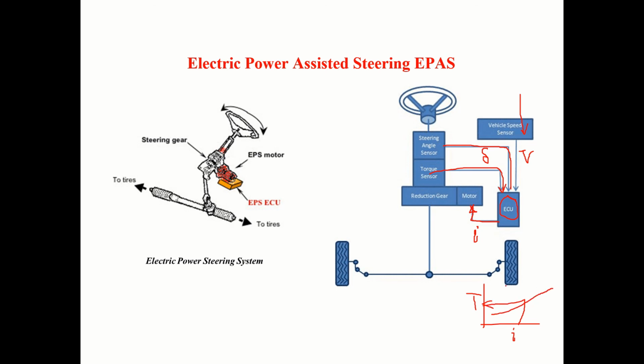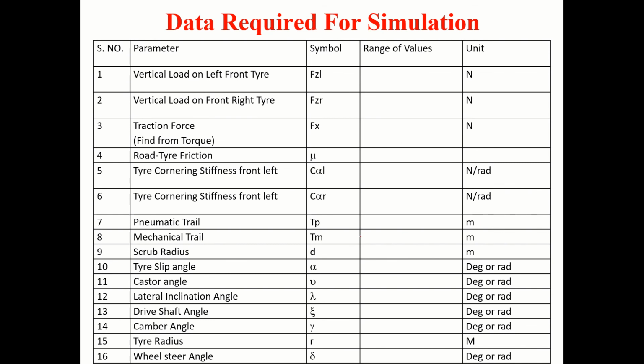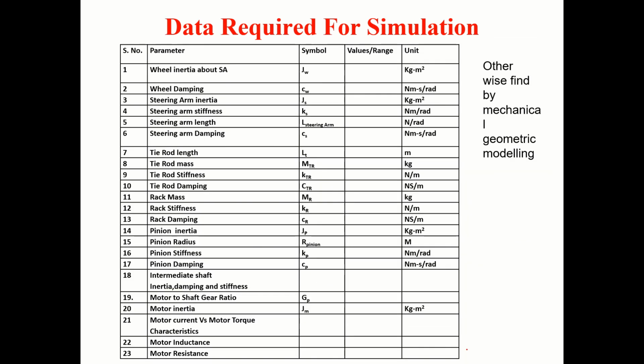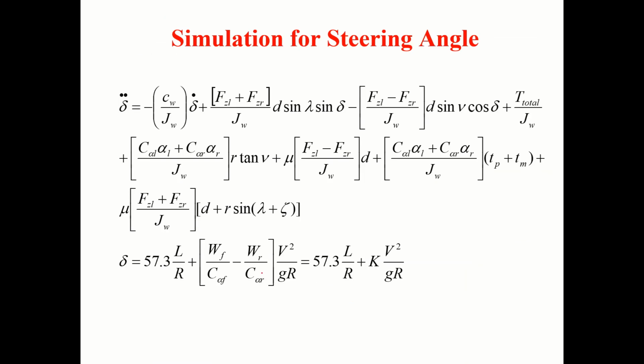If you have a characteristic, whatever it is, and if there is a gear system, further torque gets multiplied and it will flow to this point. Okay, again it will get the feedback from here, right? From shaft itself, it will be getting the feedback. So to do the simulations, probably we need all this data in the correct units.